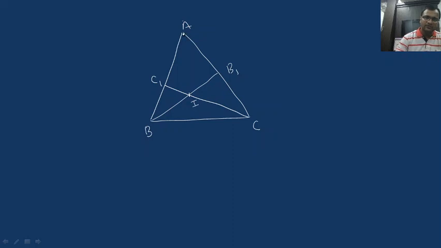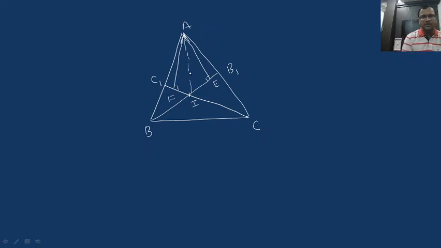And E is the foot of perpendicular from A to the bisector BB1. This point is E, and this one is the point F.